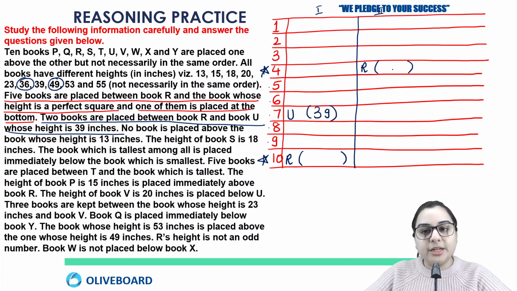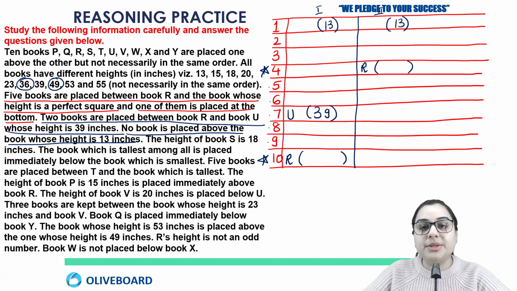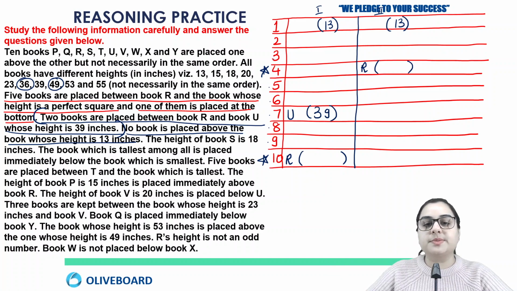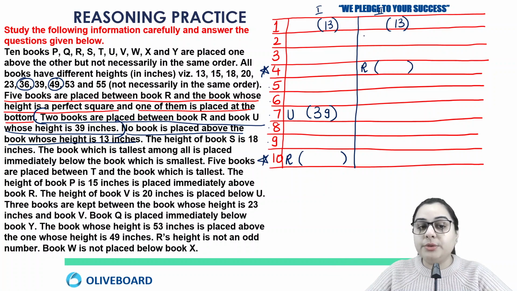In the second possibility, U can be upward or downward. But the next line solves this doubt: no book is placed above the book whose height is 13 inches. That means the book with 13 inches is placed on the top. With this our doubt is cleared that there are two books between R and U. In the second possibility I cannot write U on the first position because the height of U is 39 inches.